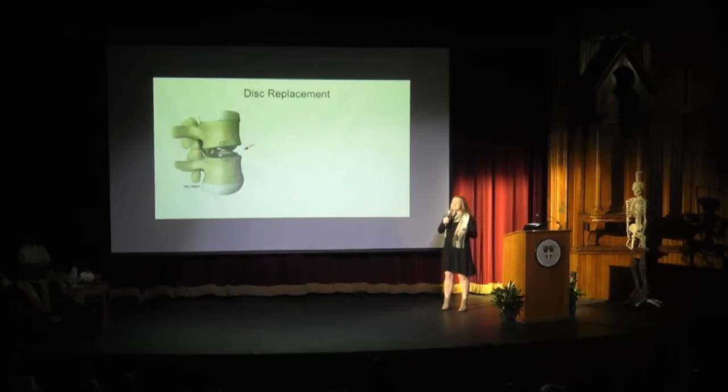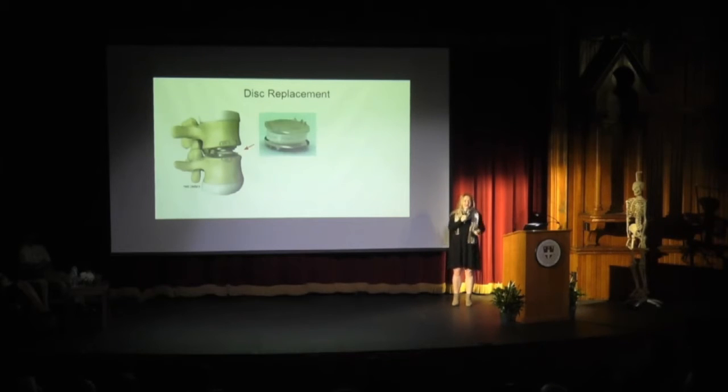Next up, the second option is disc replacement. You can see in this drawing that the original disc has been removed and replaced with a prosthetic disc. The prosthetic disc currently used consists of 2 metal end plates with basically a piece of rubber in between them to allow for some movement.